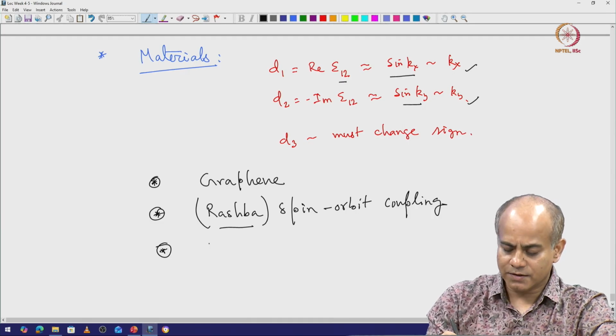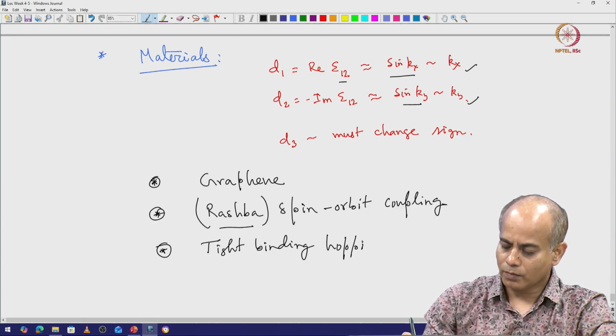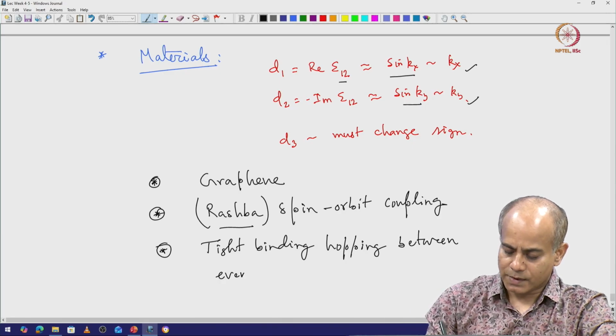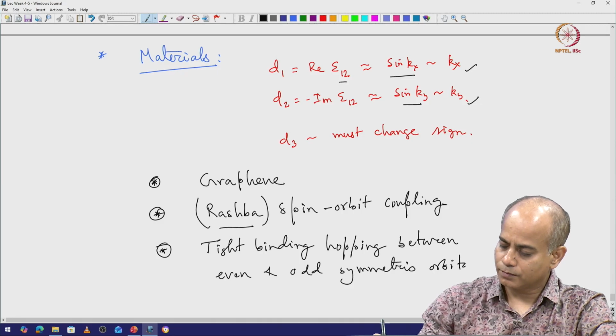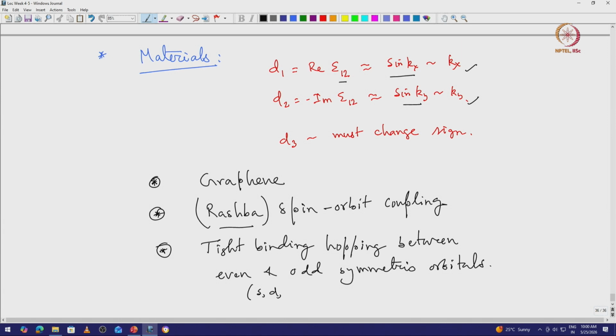And the third one is tight binding hopping between even and odd symmetric orbitals. So even means s, d orbitals and odd would mean p, f orbitals.